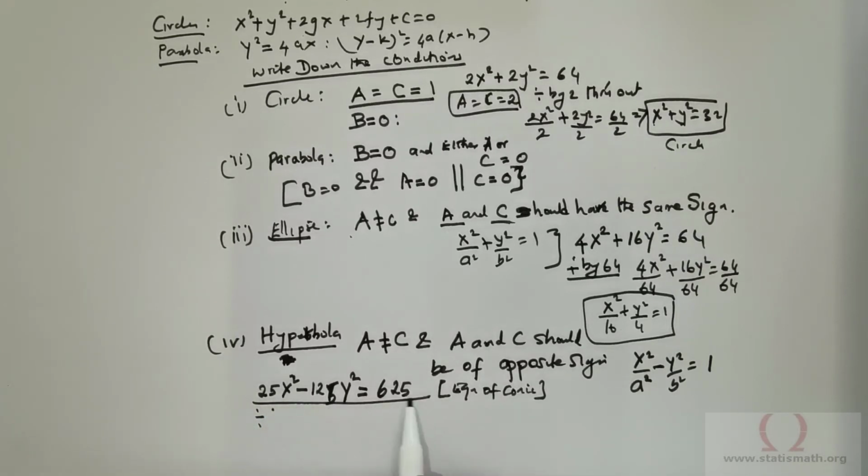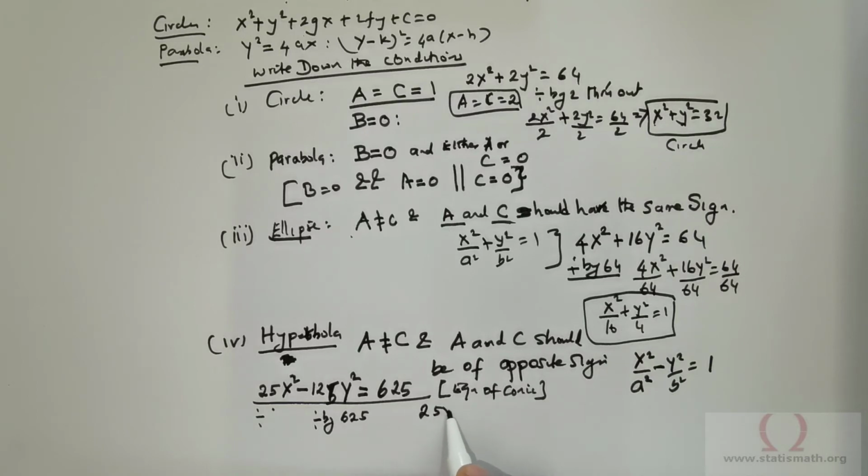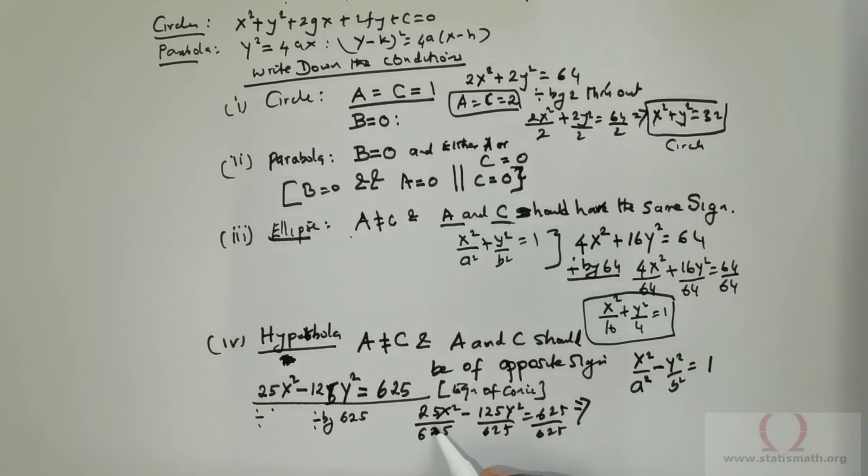So in this case, we can convert this into the standard equation just by dividing both sides by 625. This is going to be 25 x squared divided by 625 negative 125 y squared divided by 625 is equal to 625 divided by 625. So 25 divided into 625, how many times? 25 times, because 25 times 25 gives you 625.